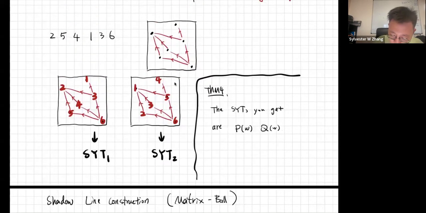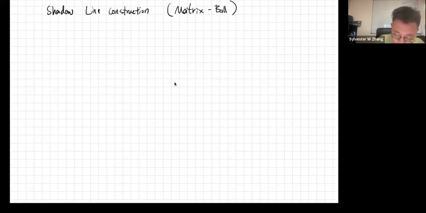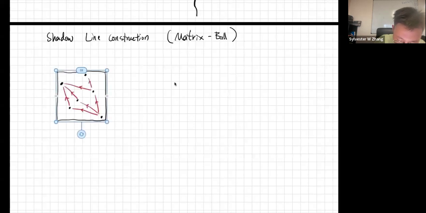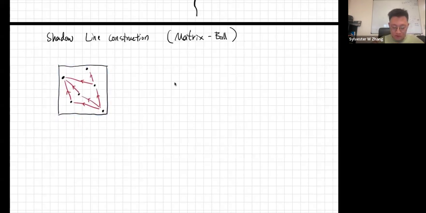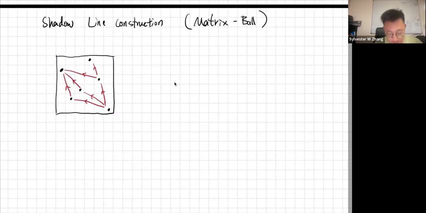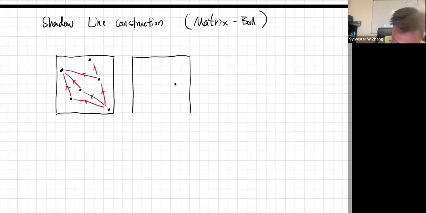And here is how you would do the shadow line construction. So you start from your permutation. And for some purpose, I'm going to be using a different permutation here.